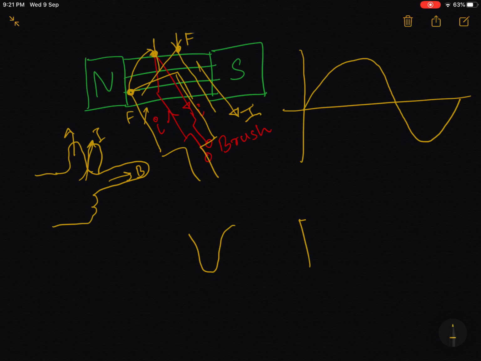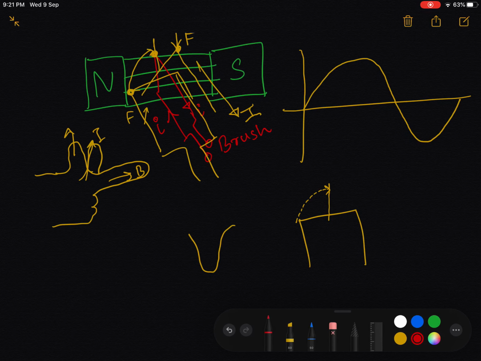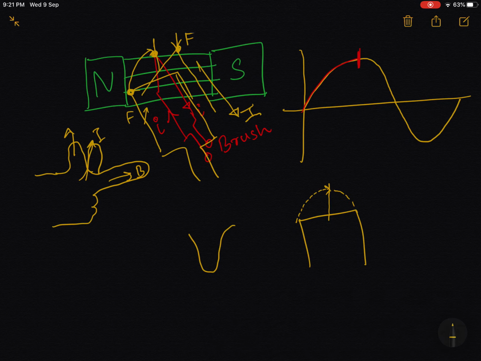So let us say this is our coil. Since the coil rotates, it reaches a point we can say is maximum. So this would be that point on the graph. This is how the coil is rotating. Now for the remaining half cycle, if I say the coil is again getting a downfall, so this will be that point on the graph, and after that the coil is reaching one more max peak on the negative side.